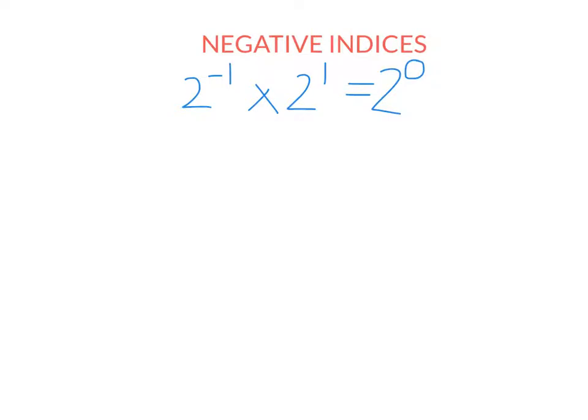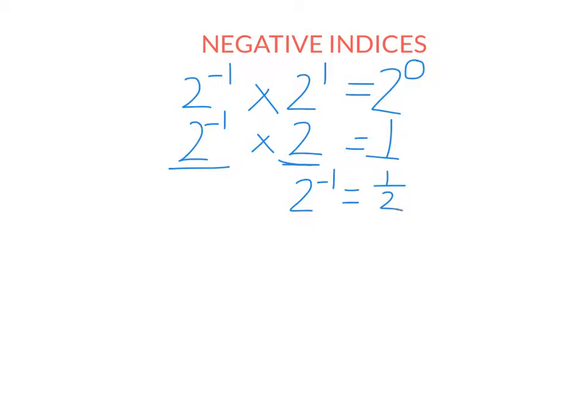But I know that 2 to the power of 0 is just 1, and 2 to the power of 1 is 2. So, whatever 2 to the power of negative 1 is, to fit in with other index laws, when I times it by 2, I get 1. But what do you times by 2 to get 1? The answer is a half. 2 to the power of negative 1 is a half.